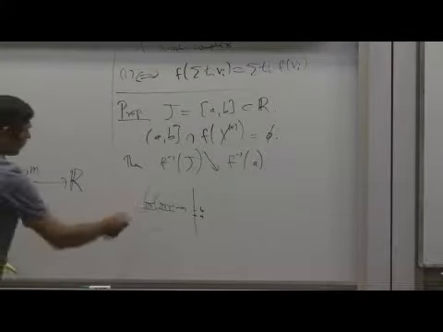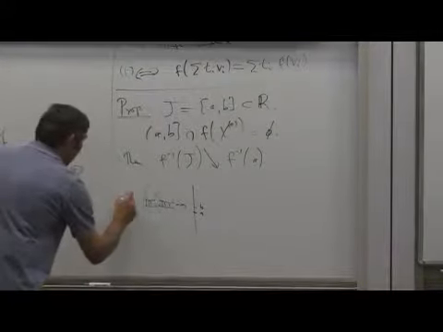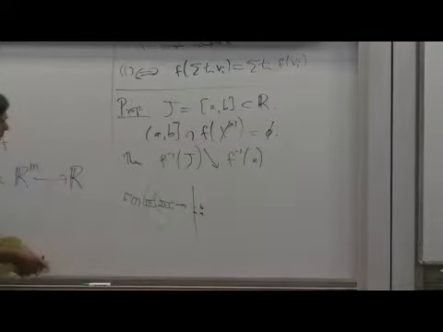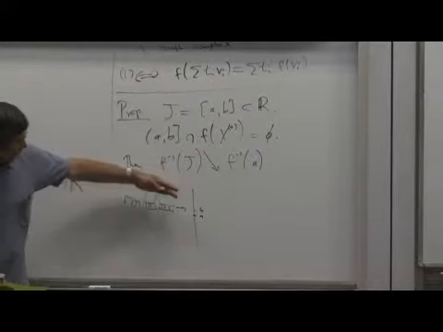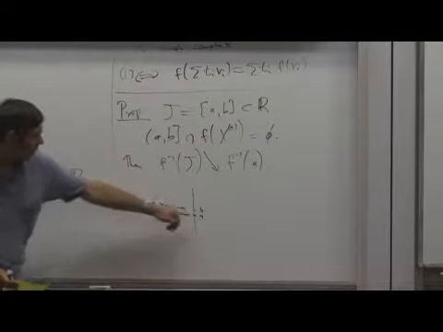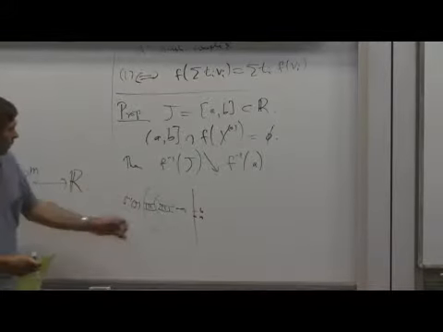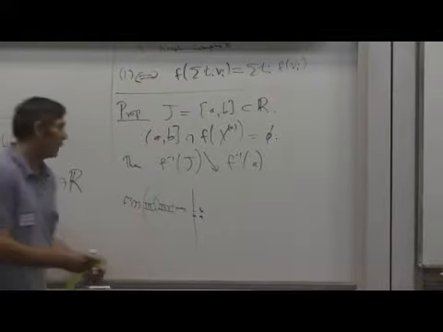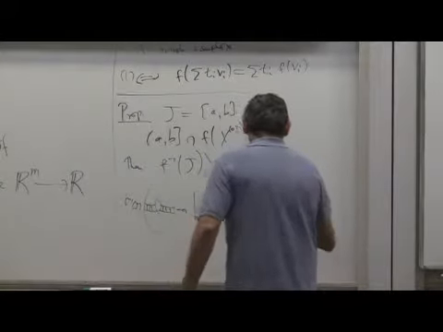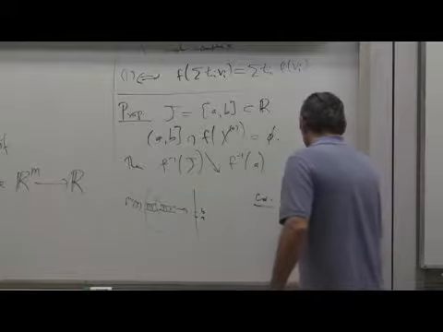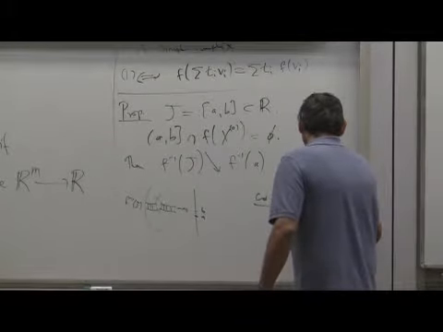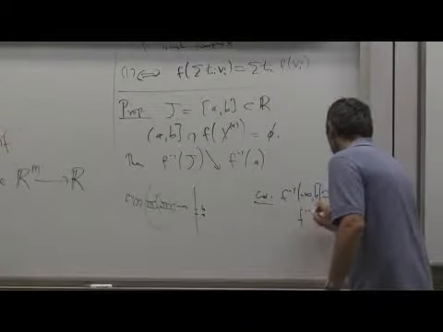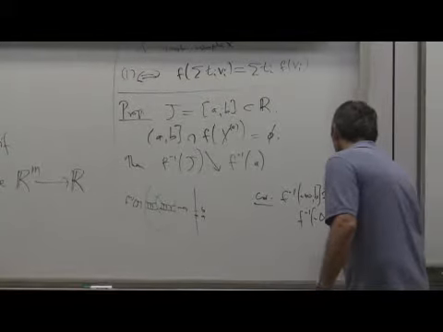This is my F inverse of J. And the claim is that you can deformation retract F inverse of J down to the A level. In particular, you can glue on everything that's below A, and that's going to say that the corollary is that F inverse of (minus infinity, B] is homotopy equivalent to F inverse of (minus infinity, A].